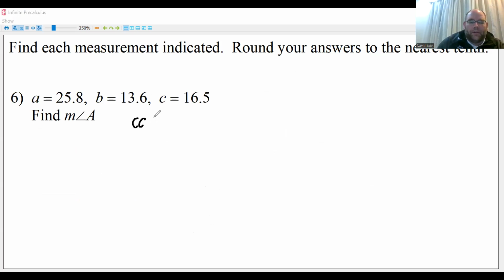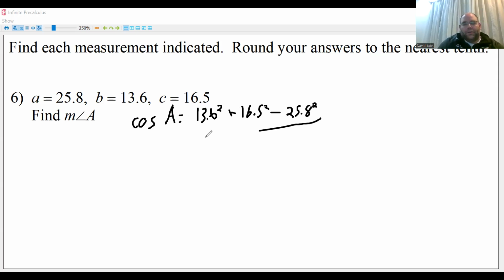We just have cosine of A equals our B squared, which is our 13.6 squared, plus our 16.5 squared, and then minus the A squared, which is 25.8 squared. And all of that is going to be over 2 times our B value, which is 13.6, times our C value, which is 16.5.